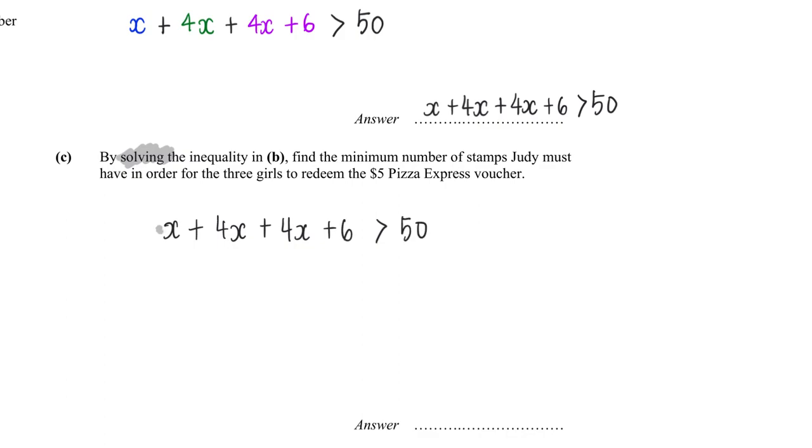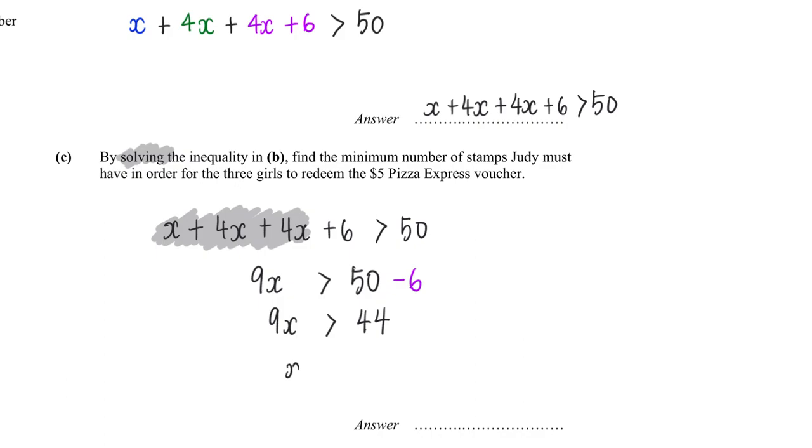So I'm going to just simplify all the like terms here, 9x. And I'm also going to minus 6 on both sides so that it looks like this. And I would have 9x must be bigger than 44.